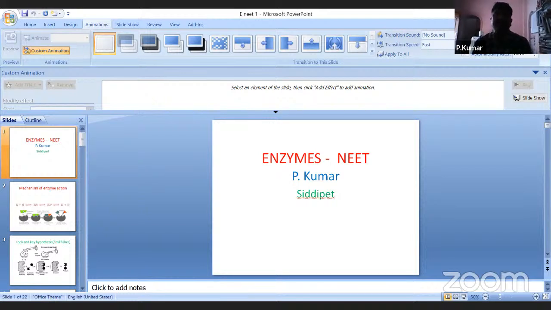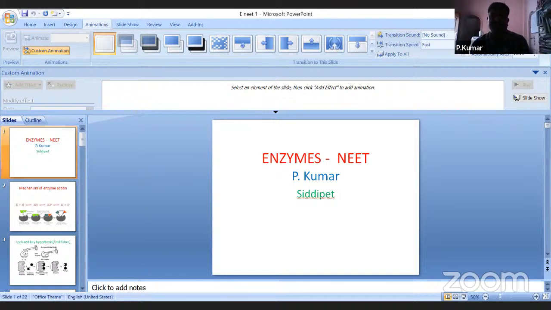The next one, the induced fit hypothesis, was proposed by the scientist Koshland. That is important. It cannot explain enzyme specificity, since according to this hypothesis the enzyme can react with any substance.